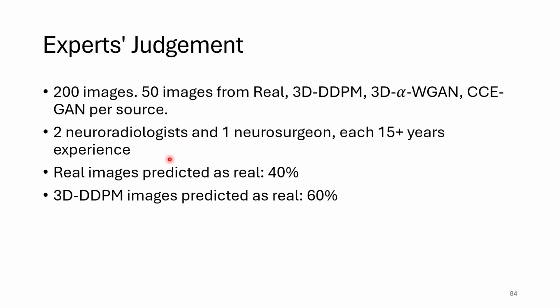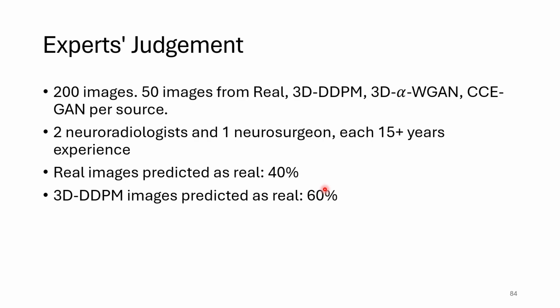Their result is that when the 3 doctors see the real images, they only correctly predict with an accuracy of 40%. And if they see the 3D DDPM, they will say 60% of them are real. So what does it mean?